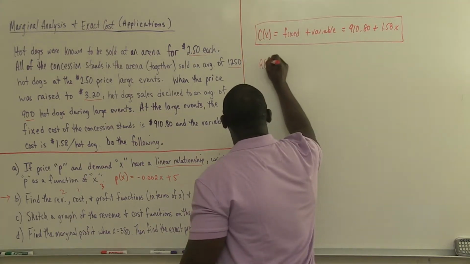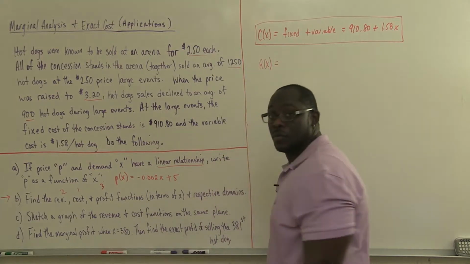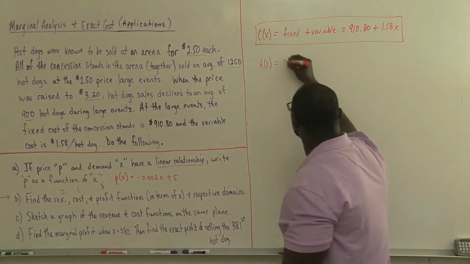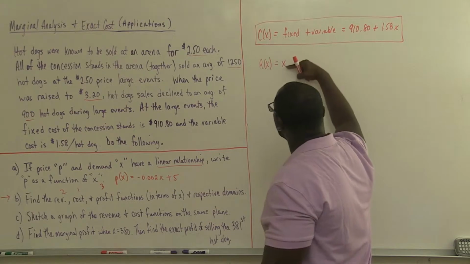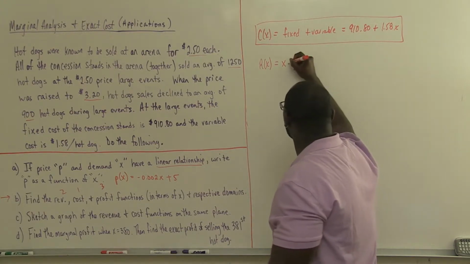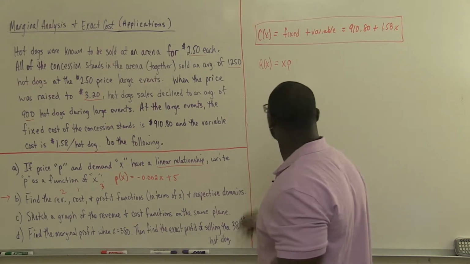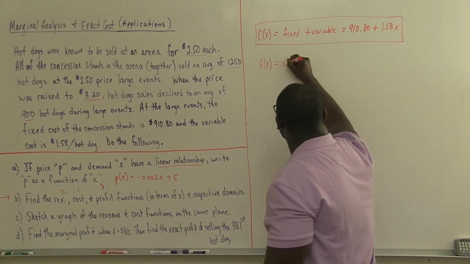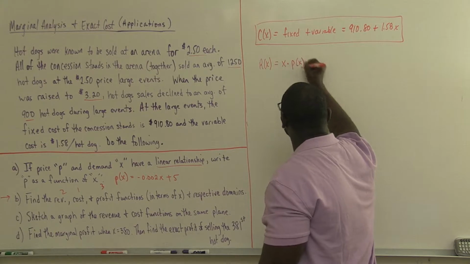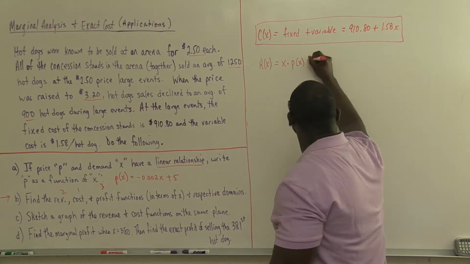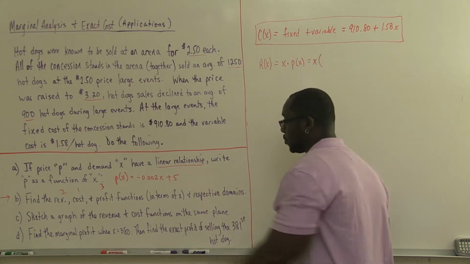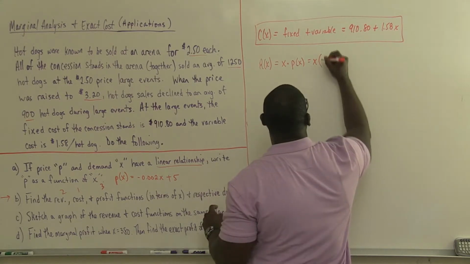For our revenue function, we've learned that revenue is going to be the same as quantity sold times the price, okay? And so in this case, this will be quantity sold times the function P of X, which means we just take X and multiply that times this function here.